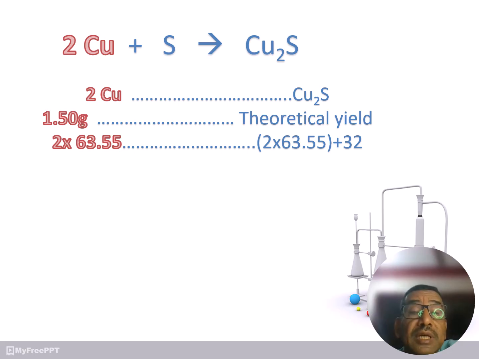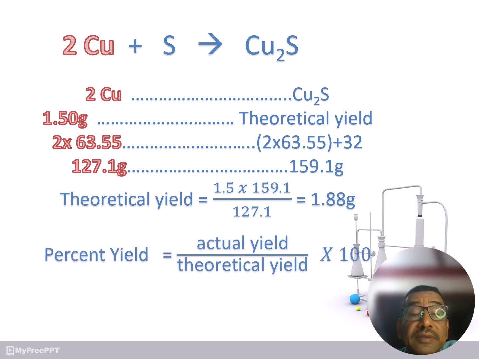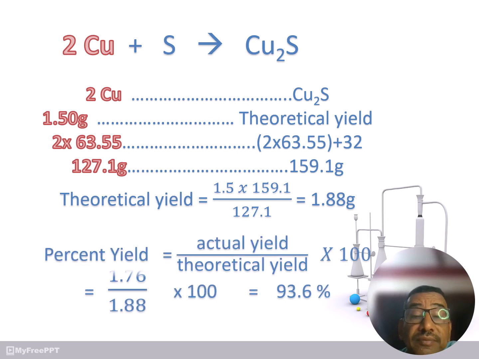We need to calculate the amount in the chemical equation: 2 times 63, this is the molar mass of copper times 2 according to the balanced equation, and this is the molar mass of Cu2S, and we cross-multiply. Here we have 1.88 gram of theoretical yield. Finally, percent yield is actual over theoretical times 100, 1.76 over 1.88 times 100, this is 93.6%. This is a good, or very good, percent yield.